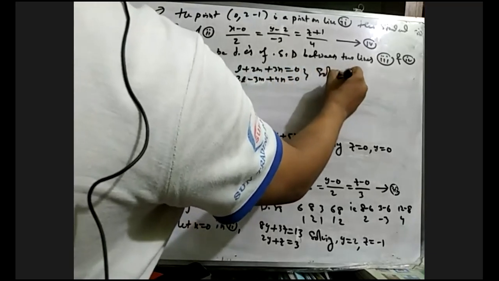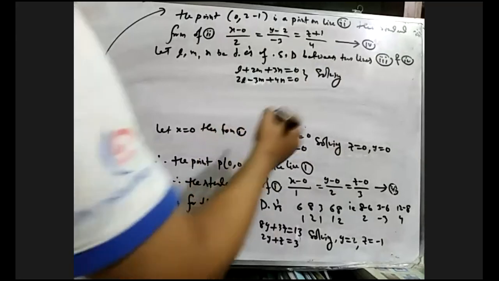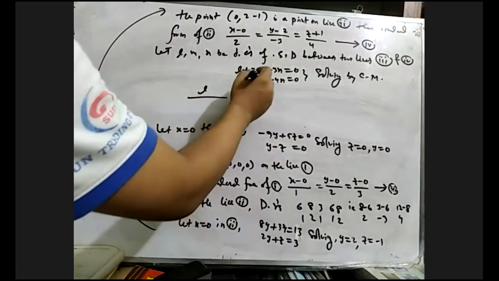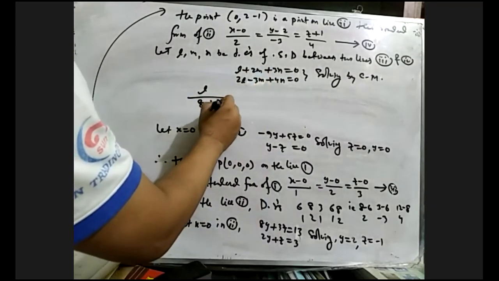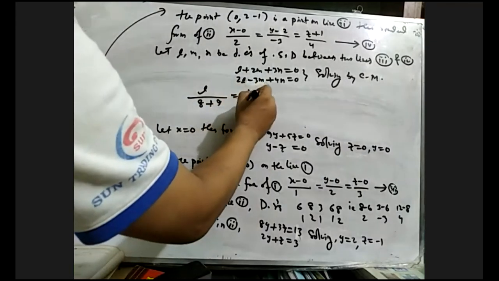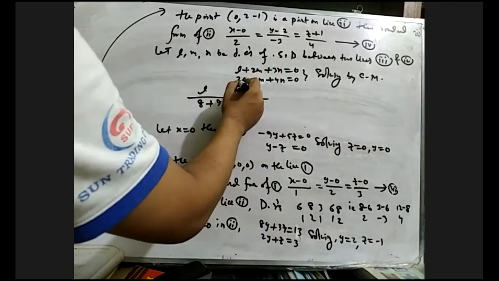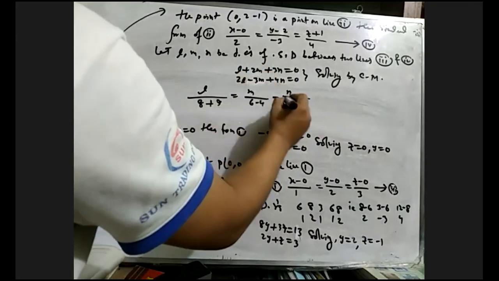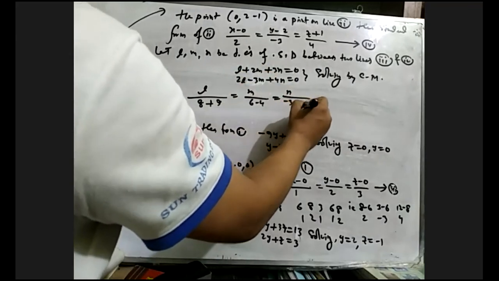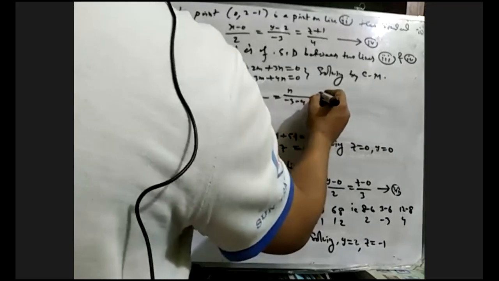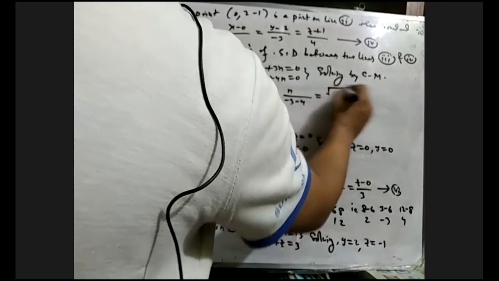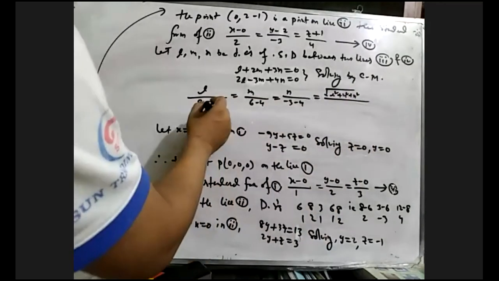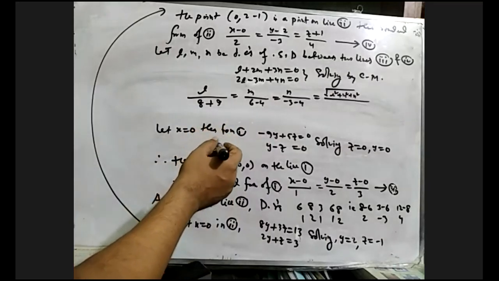Now solving this by cross multiplication method, we get l divided by 8 + 9, m divided by 6 - 4, and n divided by -3 - 4.